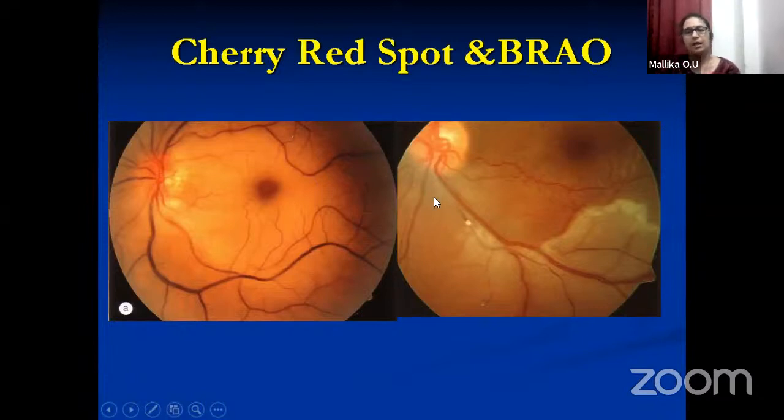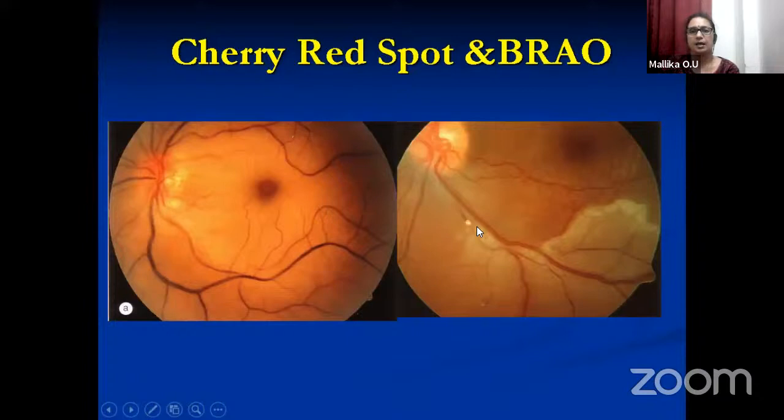If you see carefully, there is a small white material in the branch retinal artery. This is an inferotemporal branch retinal artery, a branch of the central retinal artery. And you can see there is a small white material here, that is an embolus, which blocks the circulation further beyond.